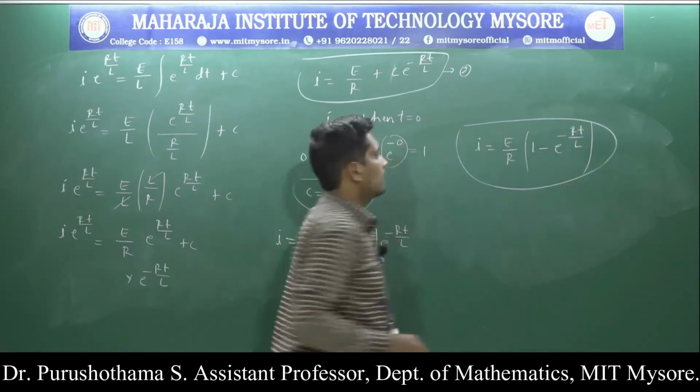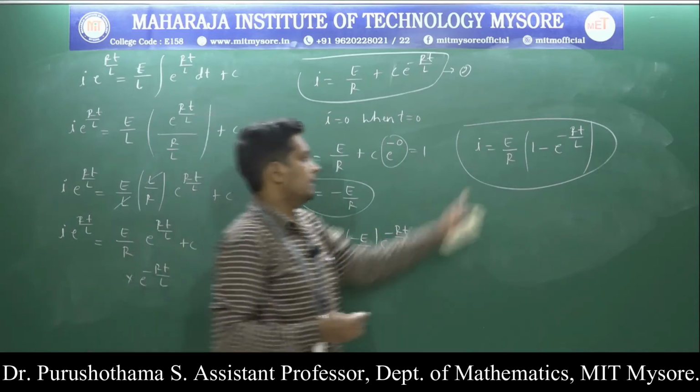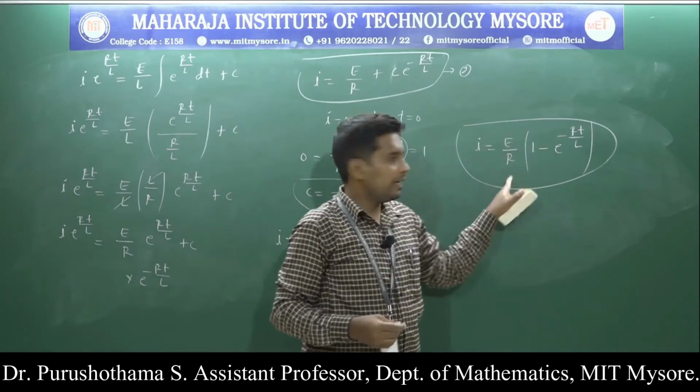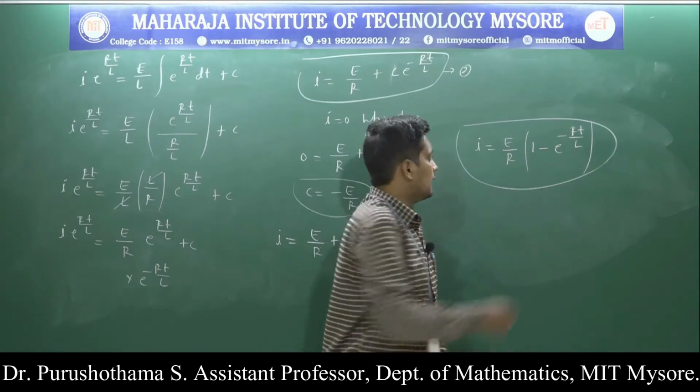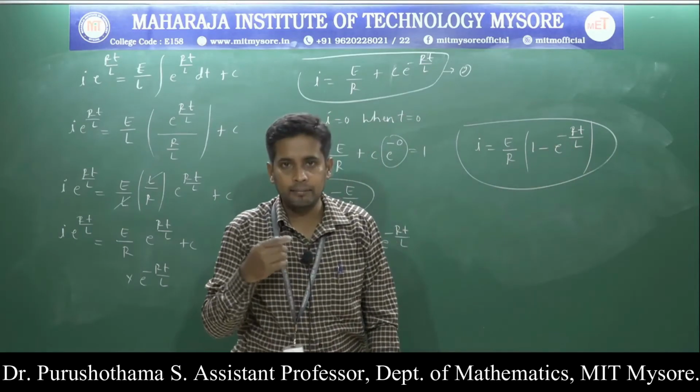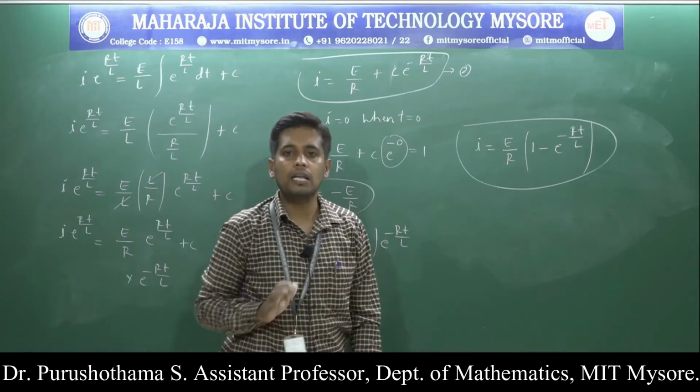This is the expression for current at any time t: I = (E/r)(1 - e^(-rt/L)), for the given differential equation.